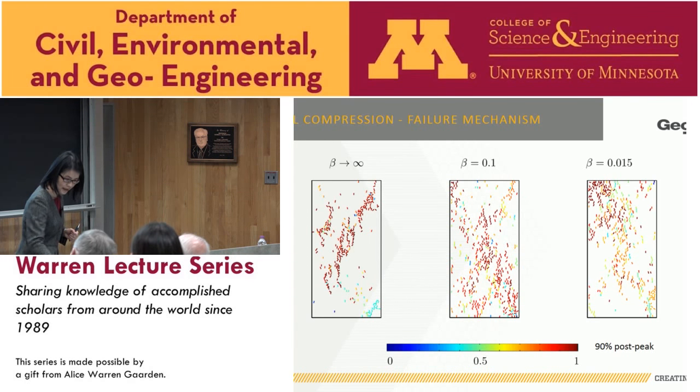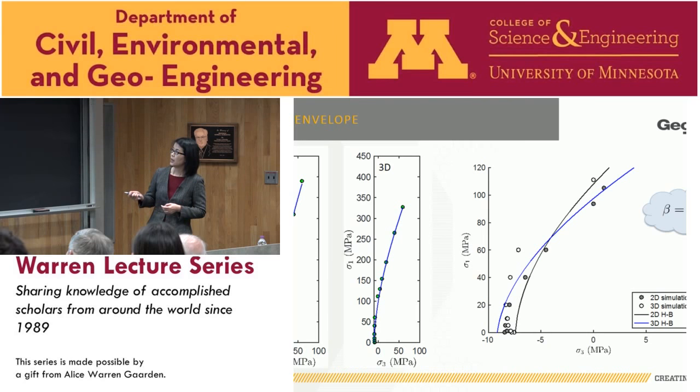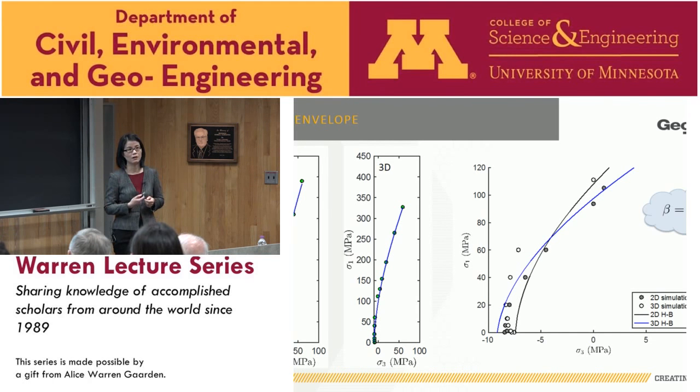Now, there are some very interesting observations. I believe it's perhaps the first time observed numerically. We've been using tensile cut-off in combination with the Mohr-Coulomb failure criterion to model rocks and concrete. The justification came from experiments.